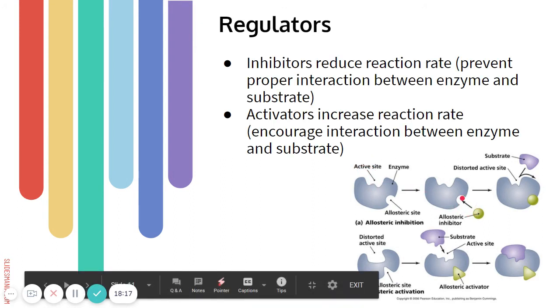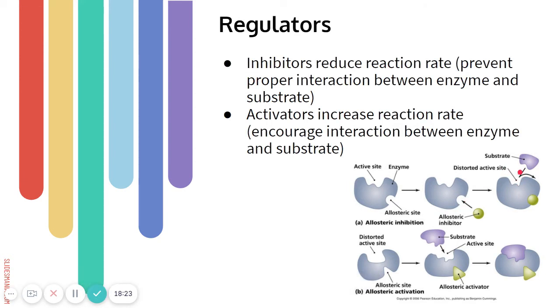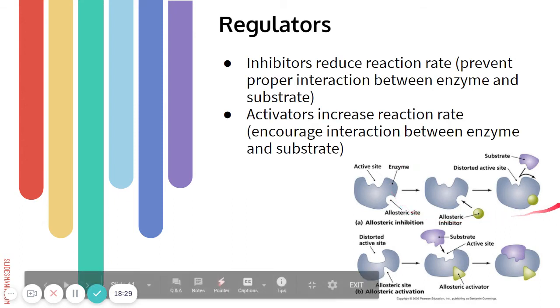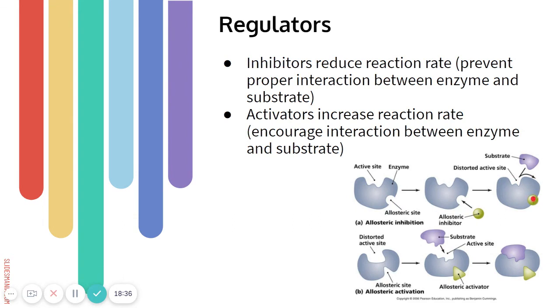But we talked about how sometimes you get an inhibitor that can bind to the enzyme and cause that active site to change shape so that the substrate doesn't fit. And if you remember from our inhibition slide, you should recognize this as being non-competitive inhibition, since we're not competing for the active site itself, we're binding somewhere else and distorting the shape of this active site. So it's preventing proper interaction between enzyme and substrate, which is going to reduce the reaction rate.